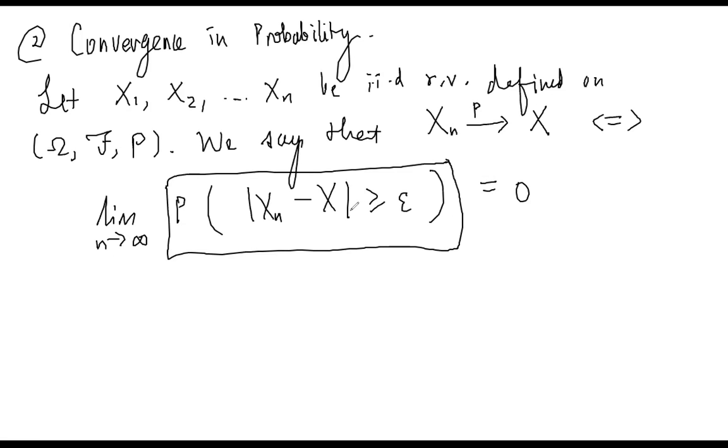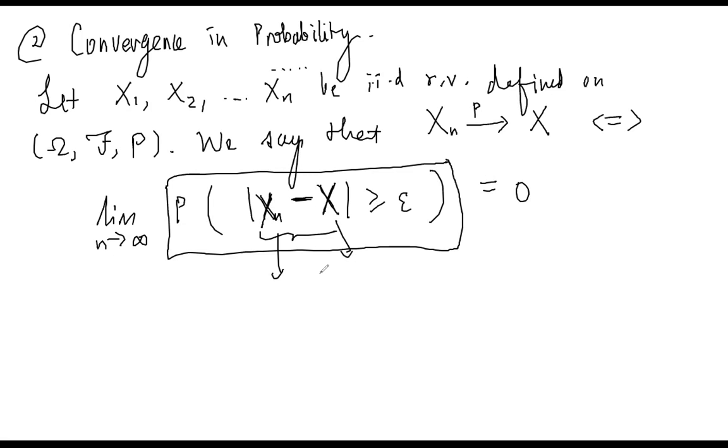What this means is that the chance that your Xn escapes from your X by more than epsilon, that probability will vanish in the limit as your n becomes larger and larger.